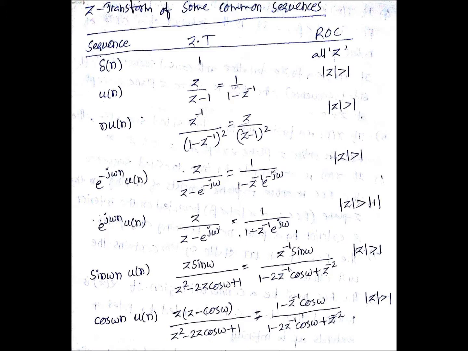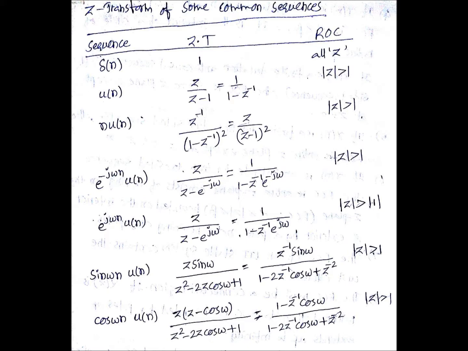Then for sine and cosine sequences, it is very important to remember these, because in exams you can directly write the inverse of Z transform, or you can write the Z transform of sine and cosine also. The denominator will be the same for both of them, only the numerator is going to vary.